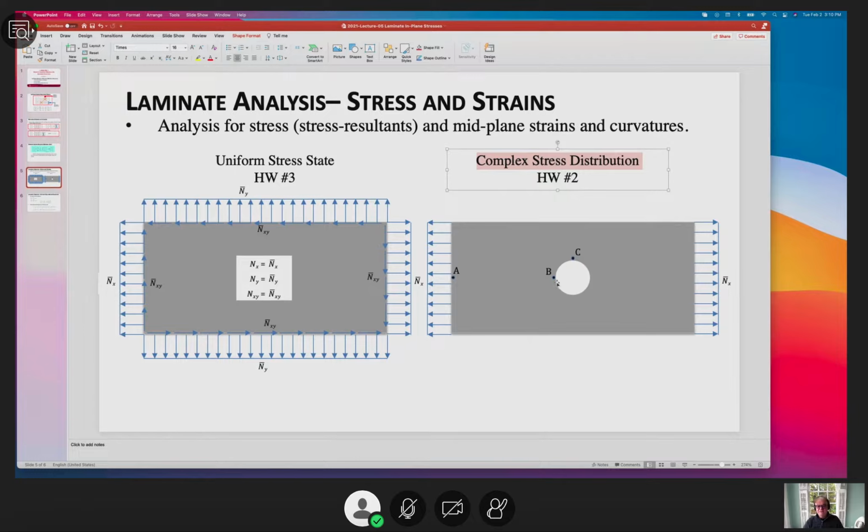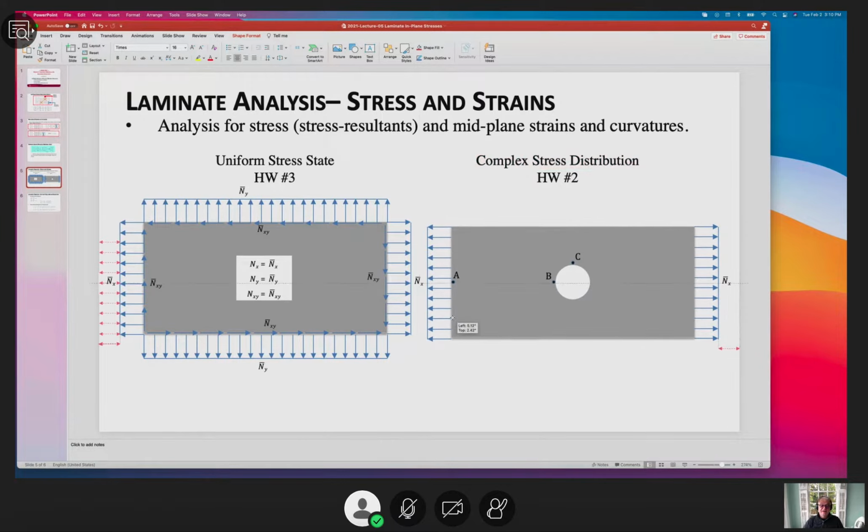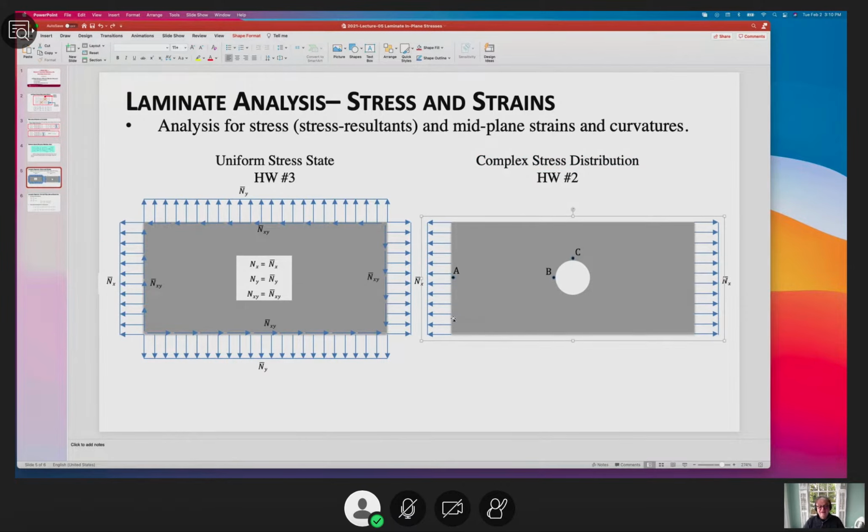Because of the existence of the hole, the distribution of the stress resultants in this laminate is complicated. They are not uniform. Now, far from the hole, the stress state at point A might be somewhat uniform over here and over here as I go up and down along this boundary.